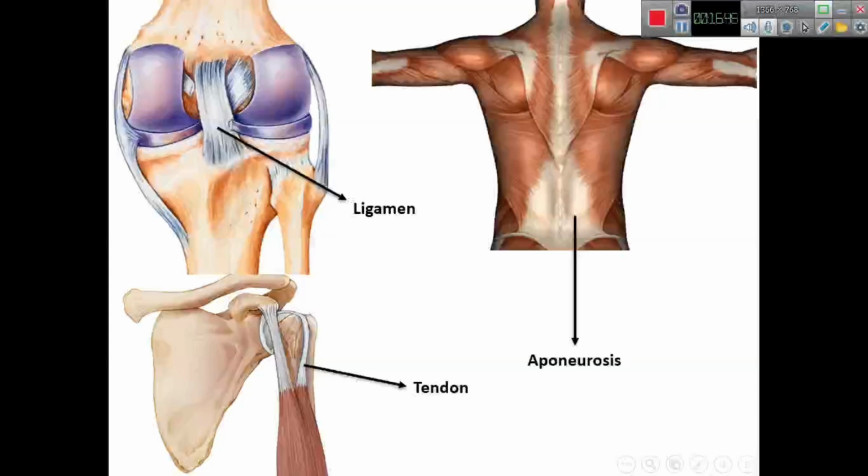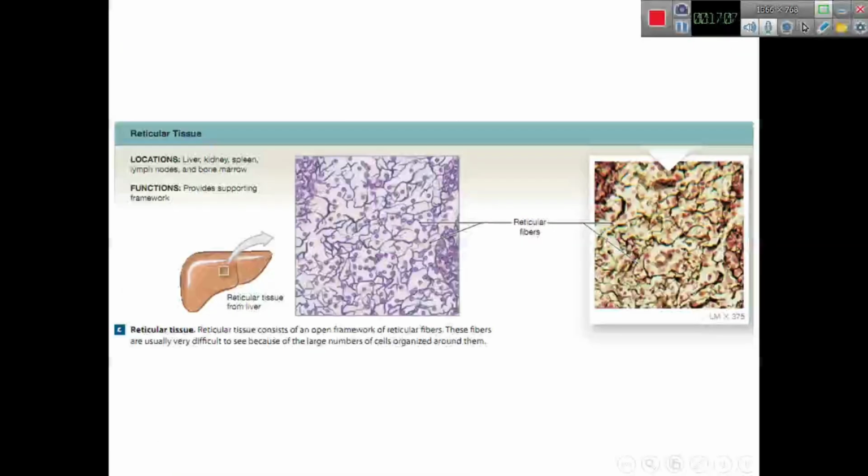And aponeurosis is a sheet-like tendon that attaches muscles together and also sometimes to bones, but is a flat or sheet-like tendon. All of these are examples of dense regular connective tissue.